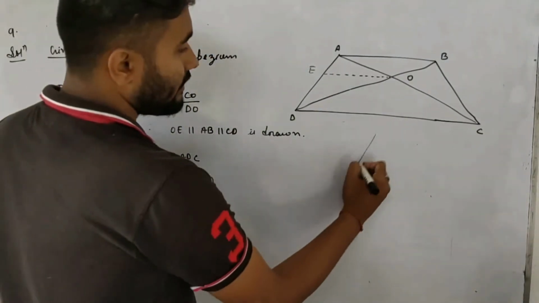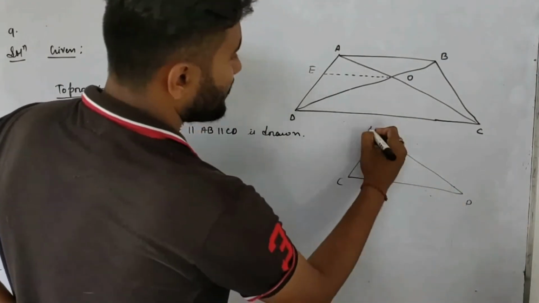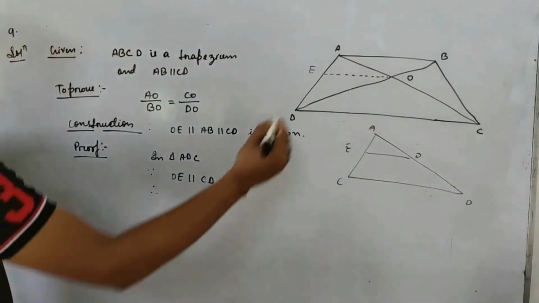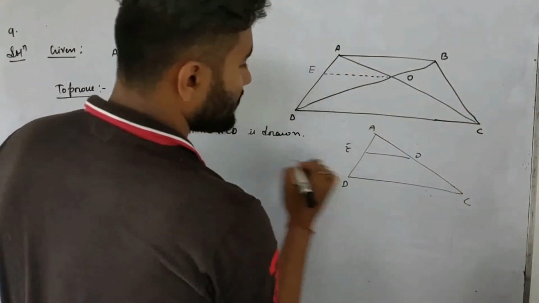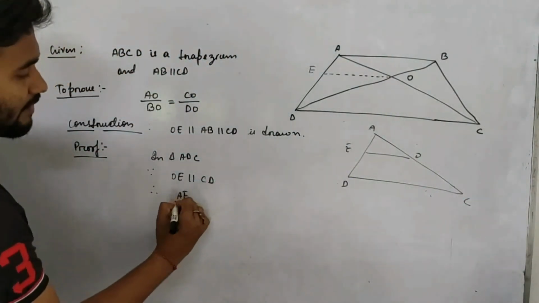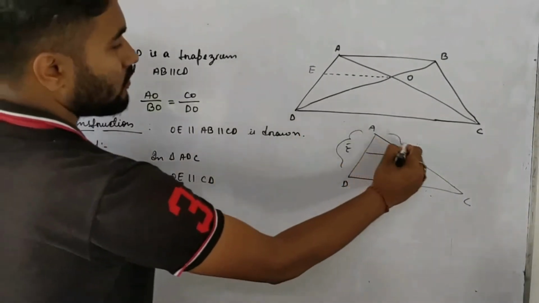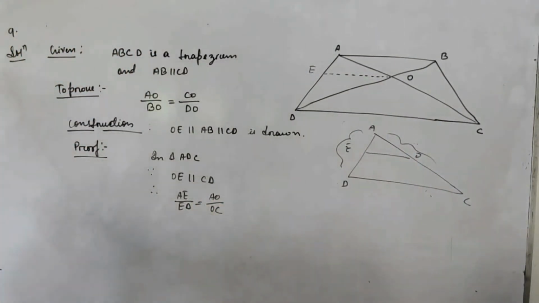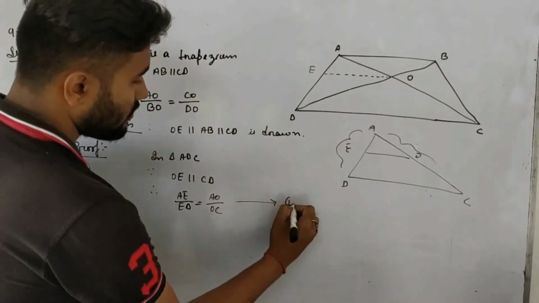This is the triangle, this is CD, this was A. There was no construction. After that, we have drawn OE. So AE by ED, this is D, sorry, this is C, this is D. So AE by ED will be equal to AO by OC. This one I have got, right? AO by OC. Done. So I can give this one number 1.